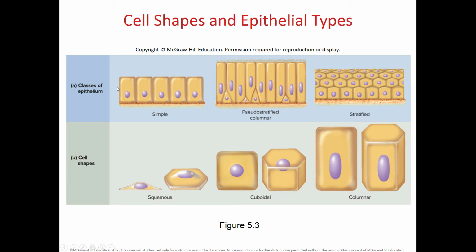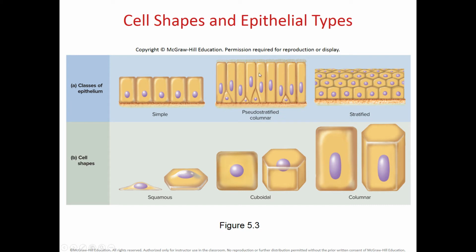If all the cells touch the basement membrane and they are only a single layer of cells, the epithelium will be called simple. And if you have more than one layer of cells, like in this case you have 1, 2, 3, 4, 5 layers, this will be called stratified, because some cells will touch the basement membrane, which is here, and some of the other ones don't, like these ones in here.